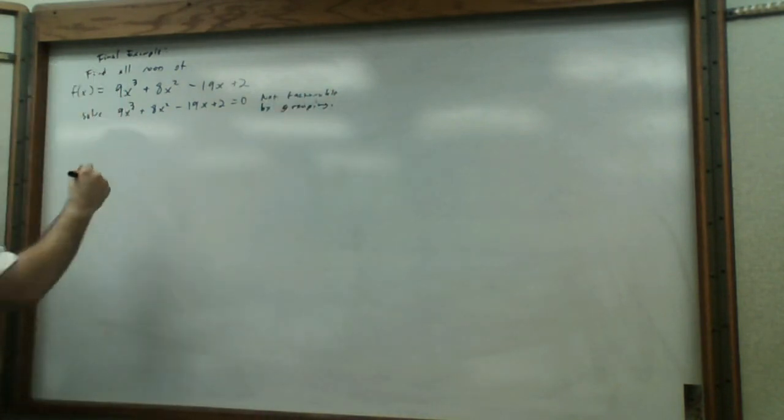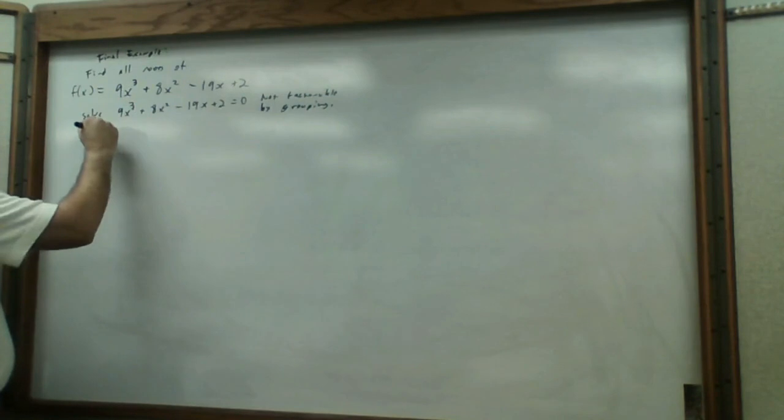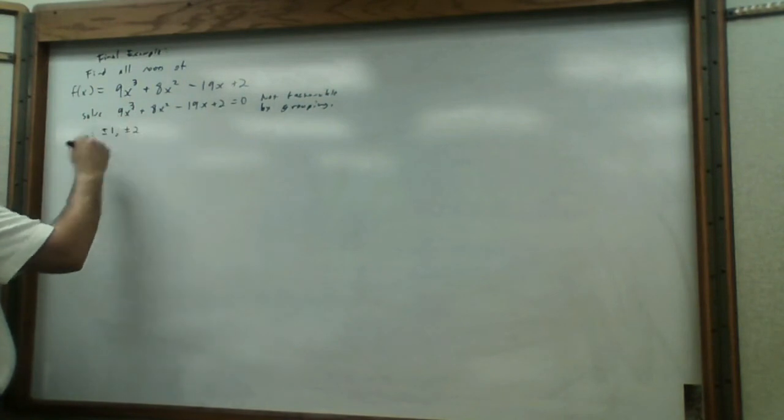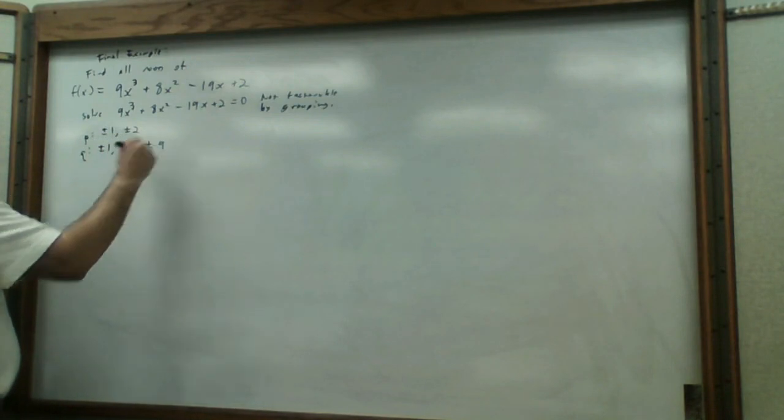So P was all my factors of 2, so plus or minus 1, plus or minus 2. Q, all my factors of 9, plus or minus 1, plus or minus 3, plus or minus 9.